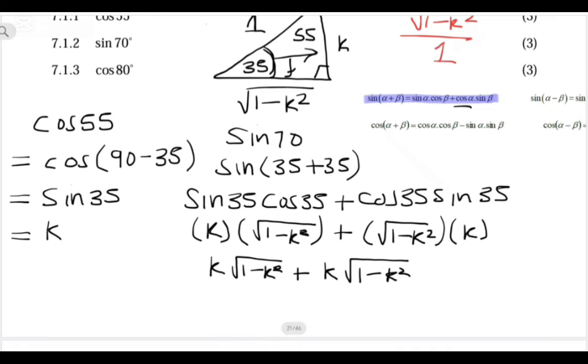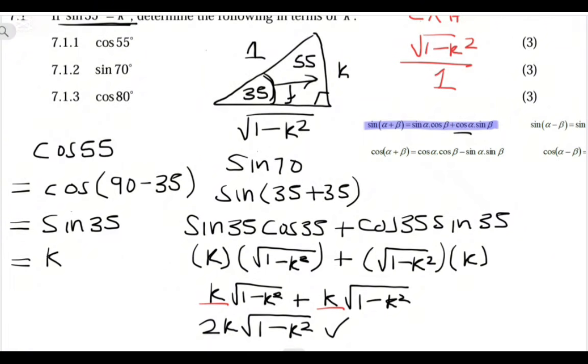The rules of surds say that if we are adding surds, we just add the numbers that are here. So k plus k is going to be what? It's going to give us 2k, and then the root is going to remain the same, 1 minus k squared. So this one is going to be your answer.